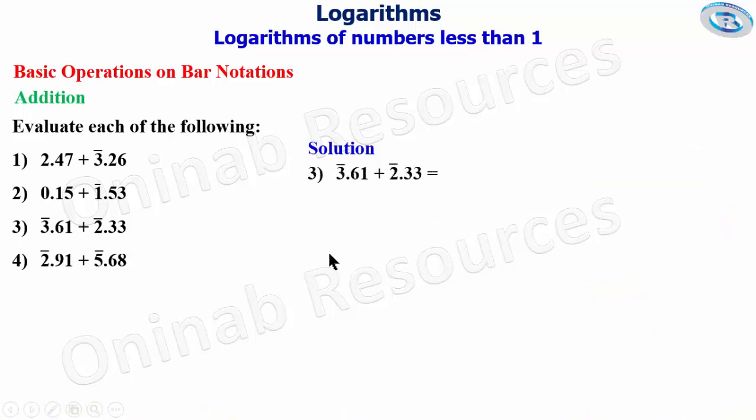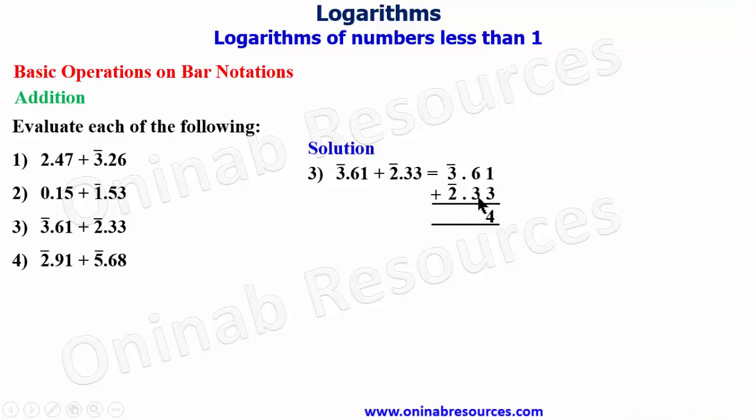We then go to problem 3. For problem 3, we have bar 3.61 plus bar 2.33. Again, in tabular form, bar 3.61, then plus bar 2 is coming under bar 3. Place your point, then 3, 3. We add from behind. 1 plus 3 gives 4, and 6 plus 3 gives 9.